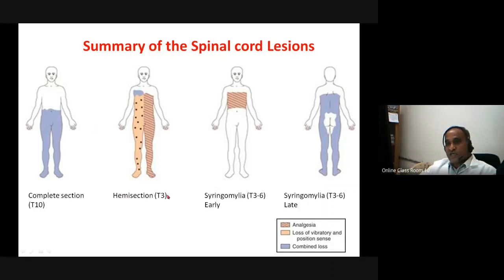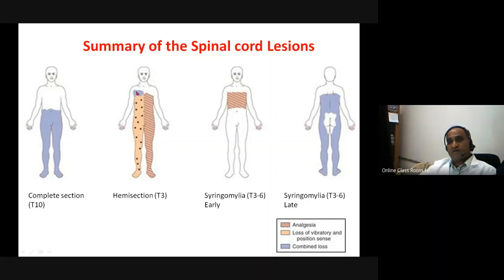Then comes hemisection of the spinal cord at a T3 level. This is a Brown-Sequard syndrome. You see that at the level, a lower motor neuron type of lesion is seen, supplied by the T3 level, and whatever muscles are supplied here are the thoracic intercostal muscles.